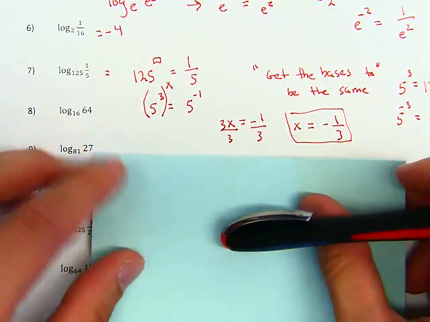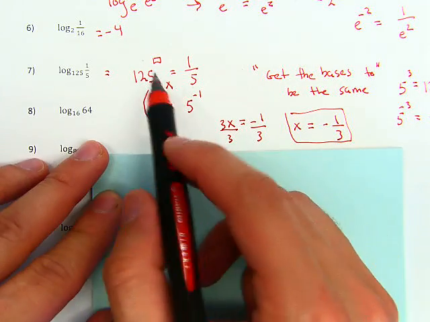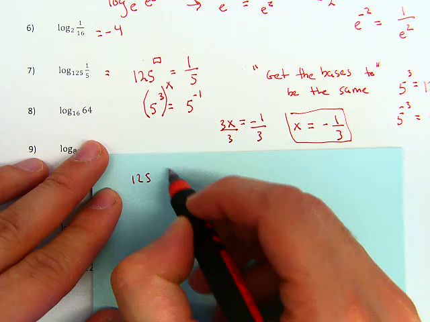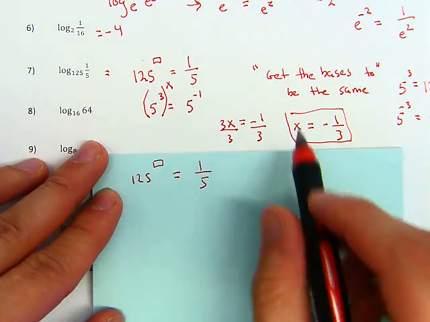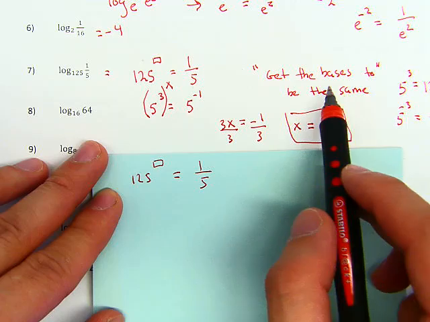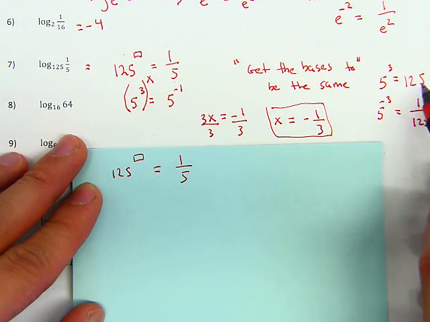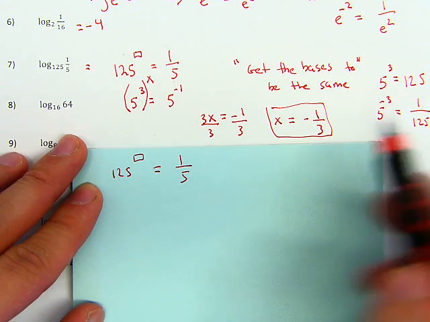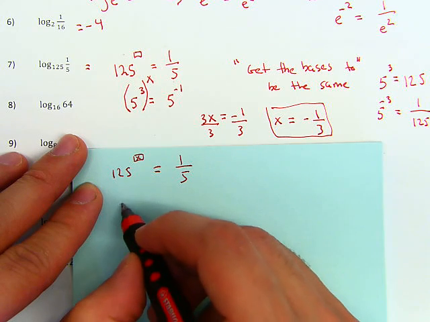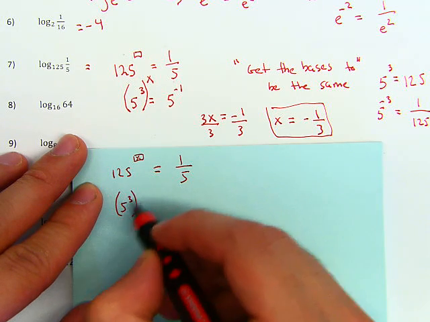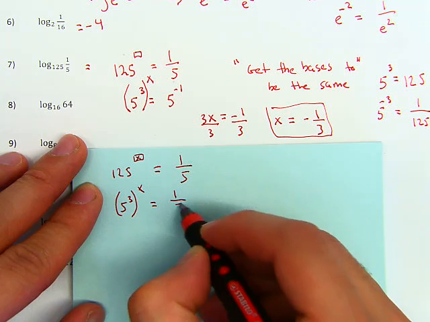Here you're saying 125 to what power is 1 over 5. So remember, the idea is to get the bases to be the same. So if I know 125 is equal to 5 to the 3, then this is an x here, right? So I know that 5 to the 3 to the x is equal to 1 over 5.